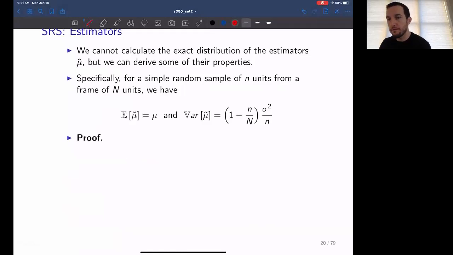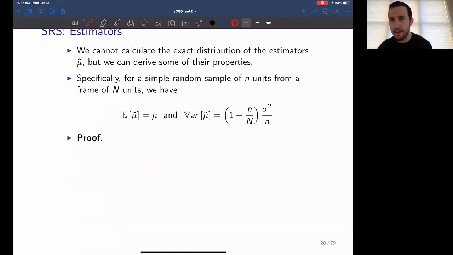We are going to focus on calculating the expected value of mu, mainly to show it's unbiased. And we are going to calculate the variance of mu so that we can later bound our estimates using, effectively, a finite size central limit theorem, but I'll come back to that point a little later.